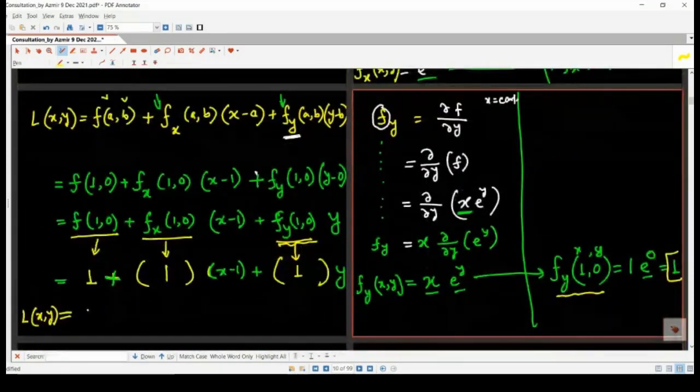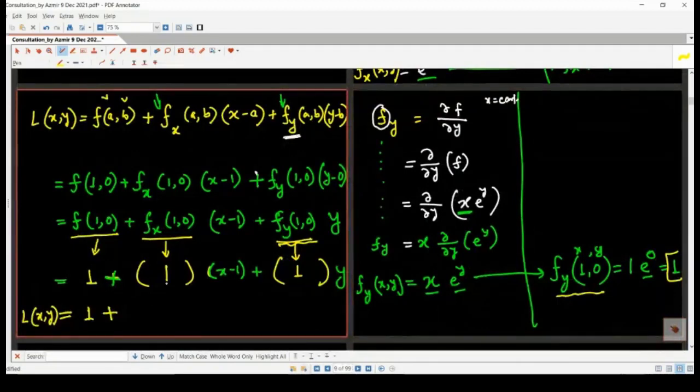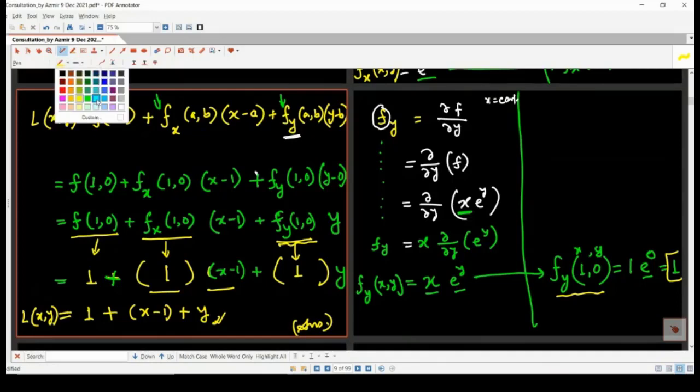Let me write this one now. 1 plus 1 times x minus 1, which is just x minus 1, plus 1 times y. This is just y. So this is our result. Done. We can say that this is the answer. But we can also simplify if we want.